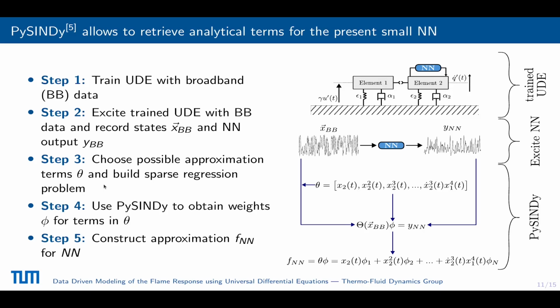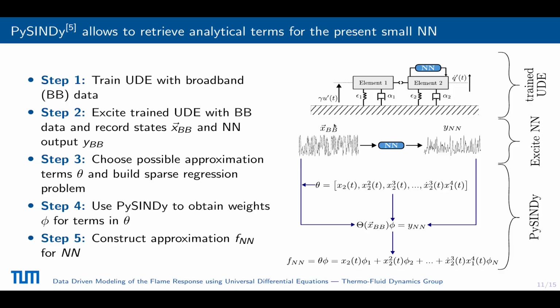So what we do here is, we train a UDE with broadband time series data. That's what we already did. So we now have a trained system which has a significantly richer harmonic response. The second step is now to excite said UDE with some broadband data, ideally a signal that triggers all the dynamics inside the system, and record the states of our ODE, because those states are the input to our neural network, and also the neural network output.